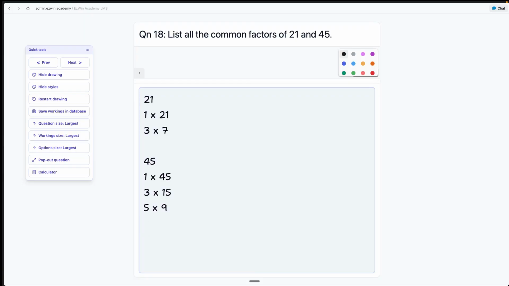That's it. So from here, what are the common factors? It will just be 1 and 3. So for 21 and 45, the common factors are 1 and 3.